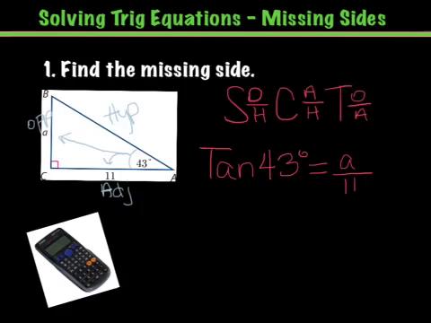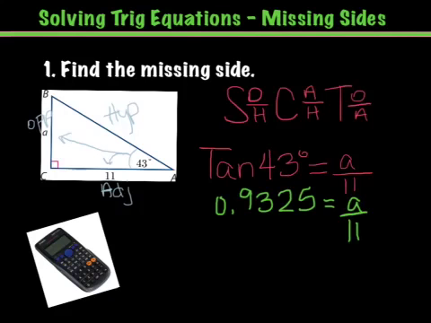So you'll punch the tangent key, then type in 43 and hit equals. Let me go ahead and do that. Okay, so I used my calculator and I got that tangent of 43 degrees is 0.9325. And that'll equal A over 11.